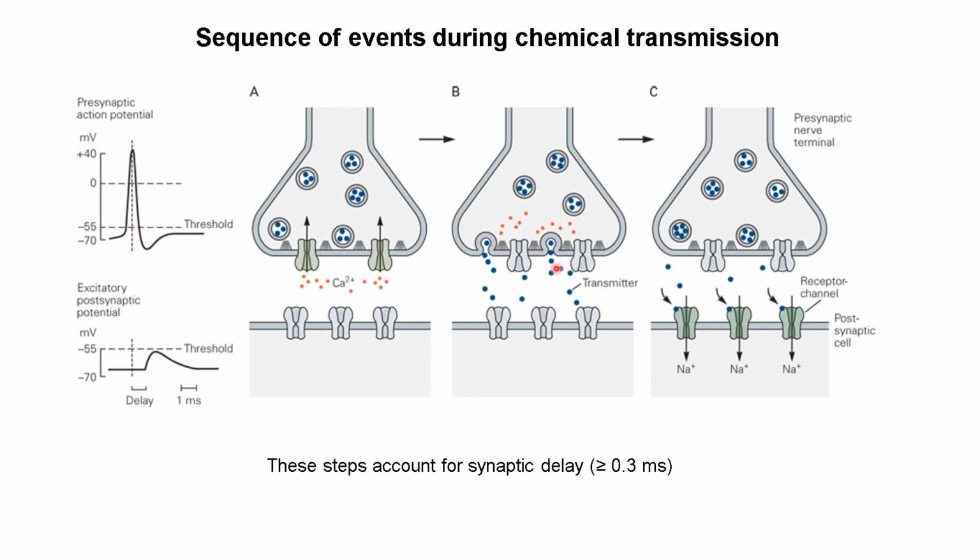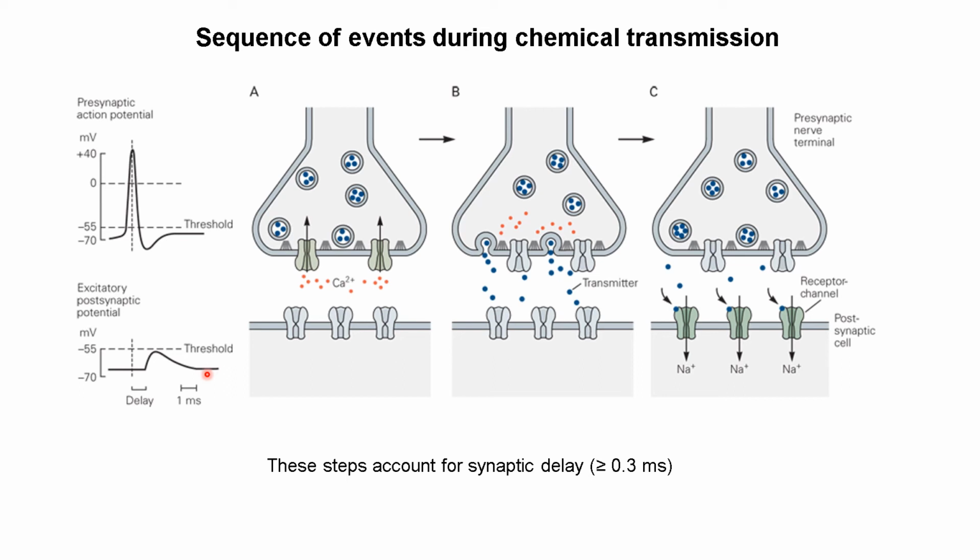These neurotransmitters are going to drift through the synaptic cleft and then bind to the receptors. As I said, they can be ionotropic or metabotropic receptors, and that's going to lead to the opening of postsynaptic membrane channels, the ionotropic channels, which is then going to lead to a change in the membrane potential of the postsynaptic neuron. Again, these steps account for a significant delay.